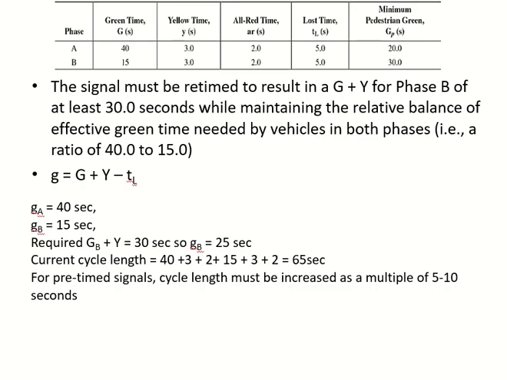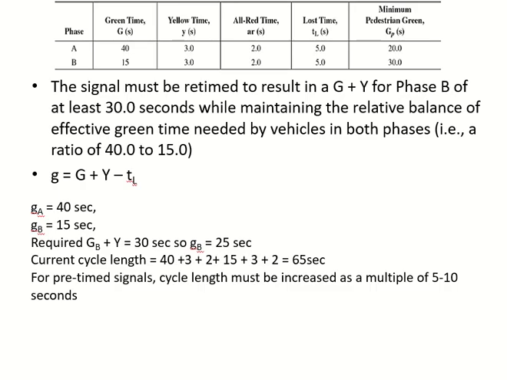I'll call it G dash, old one: actual green 15 plus yellow plus all red minus lost time. Okay, 15 seconds. Clear? This is the old effective green time of B, and this is the new effective green time of B.